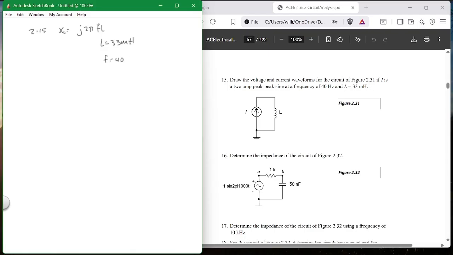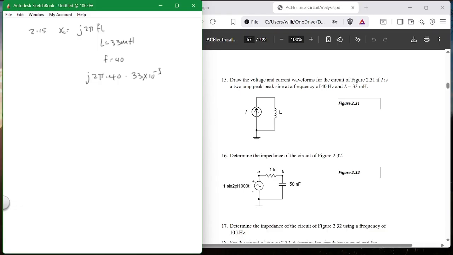So 2 times pi times F times L. So it's J times 2 times pi times 40 times 33 times 10 to the minus third.